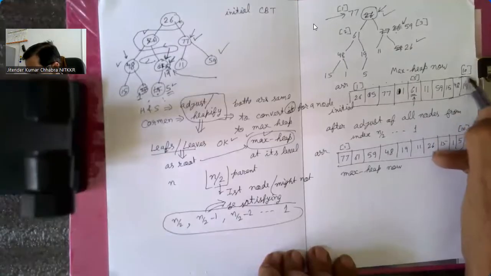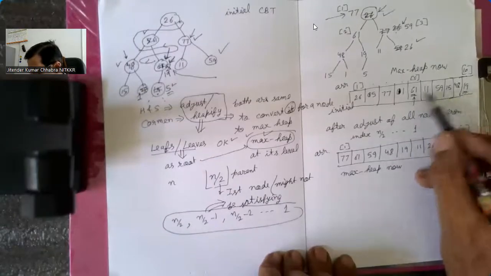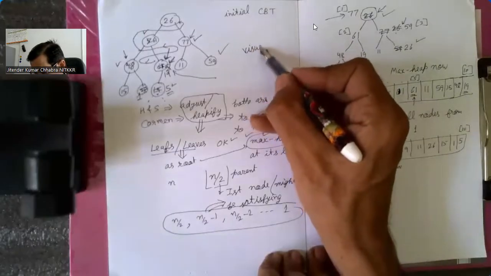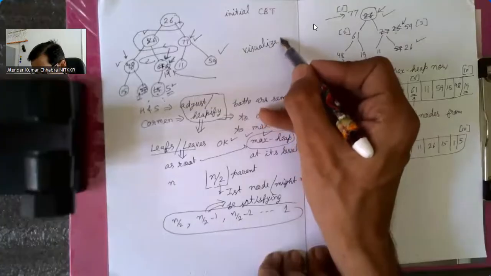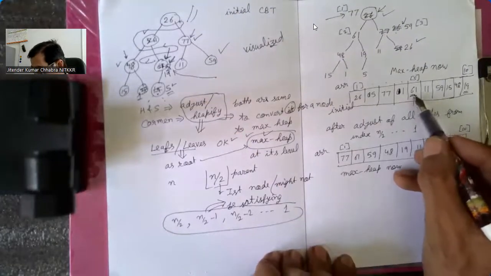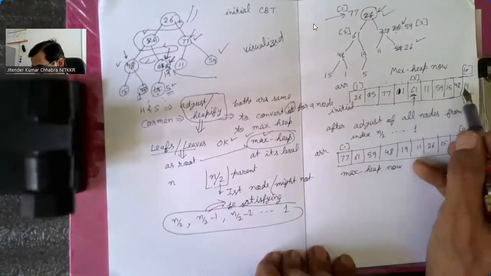So I'll say, where is 61's left child? At index 10. I will compare 61 with 19. Everything is being done over an array, visualized this way. So I'm thinking it happens like this, but actually everything happens over an array. 61 was compared with 19 and effectively no change.